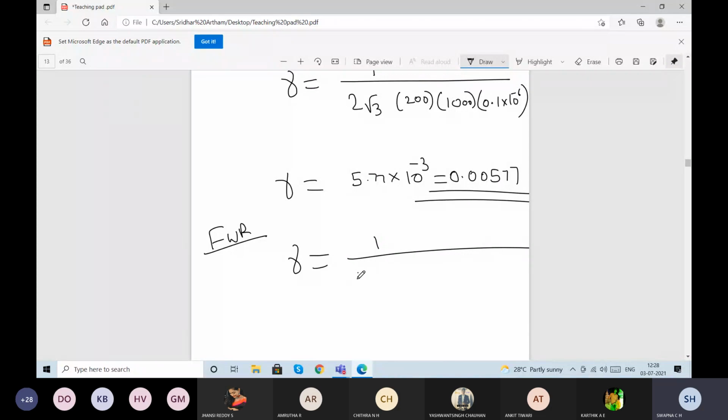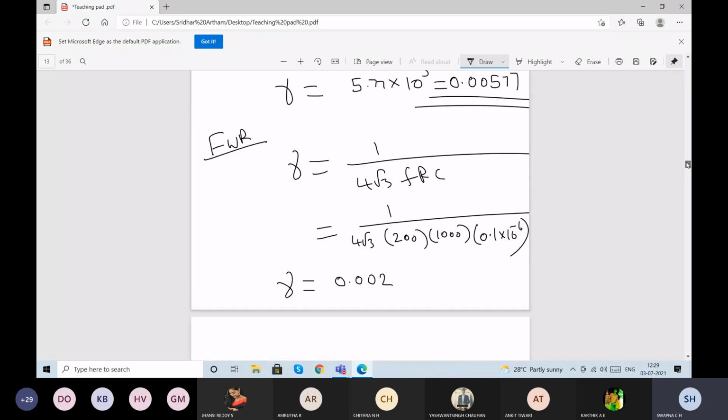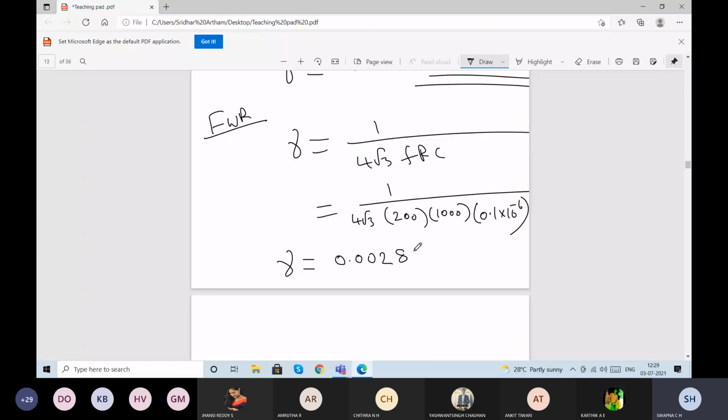So it is 1 by 4 root 3 f R C. If you substitute all the values, 4 root 3, f is 200, R is 1000, and C is 0.1 into 10 power -6, your gamma will be 0.00288, that is 2.88 into 10 power -3.